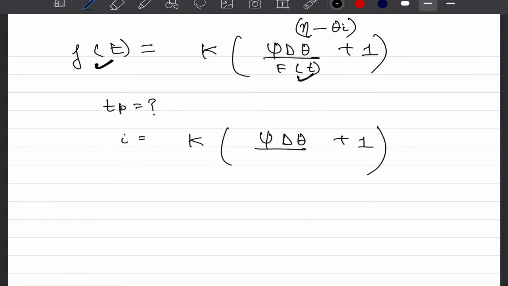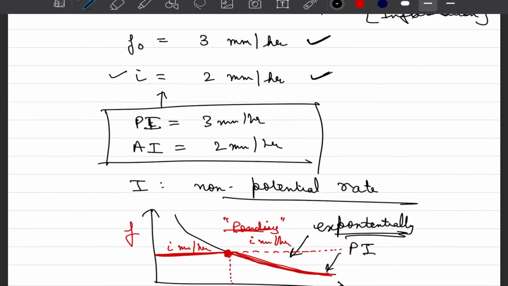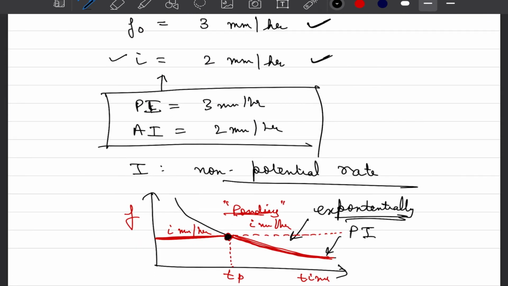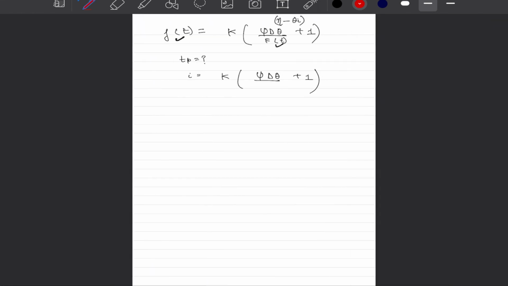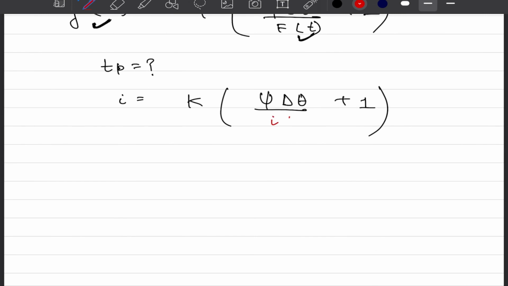The total amount of infiltration that will happen until this intersection happens is definitely going to be I multiplied by Tp, because soil is thirsty. Soil can absorb this much, but the actual moisture that is available is lower. So it will absorb all the water that has fallen onto the ground. So we will write this as I times Tp, where I is known, and phi, delta theta, K we already talked about.